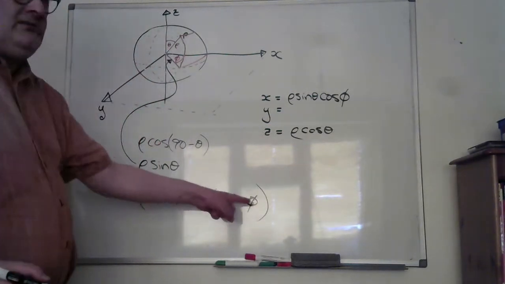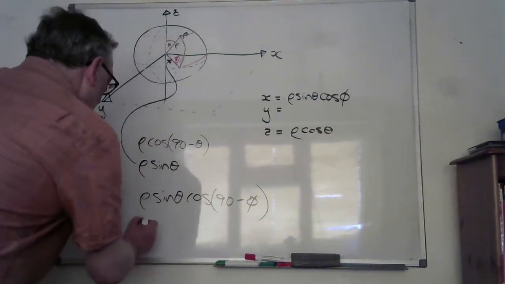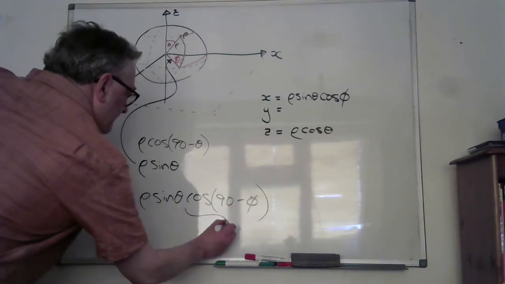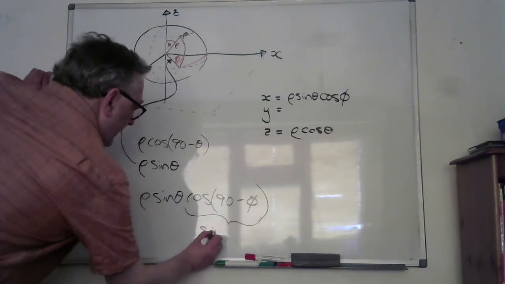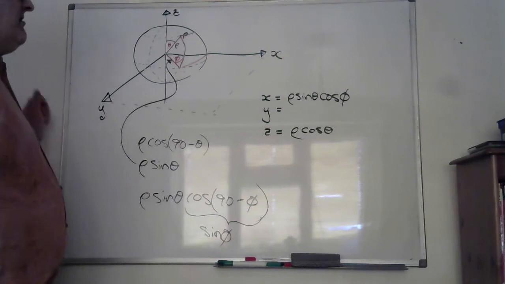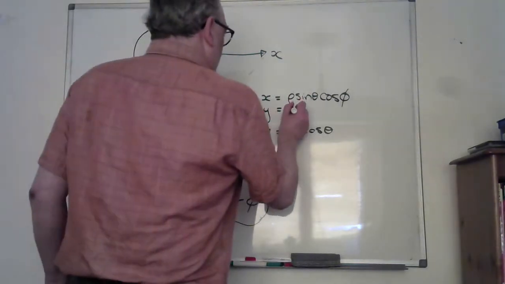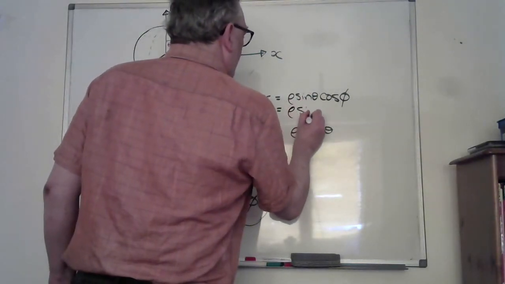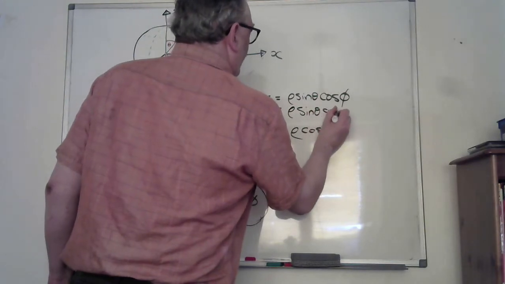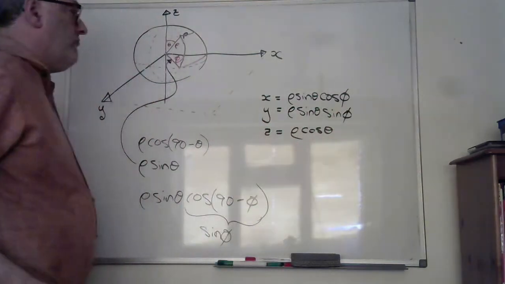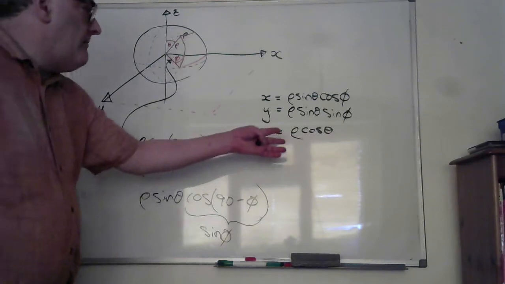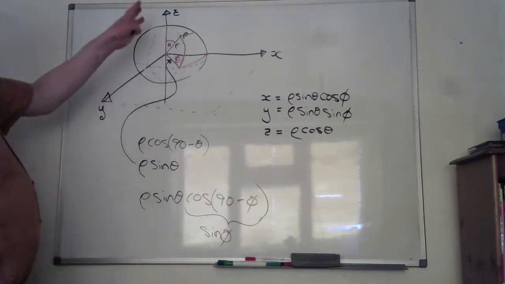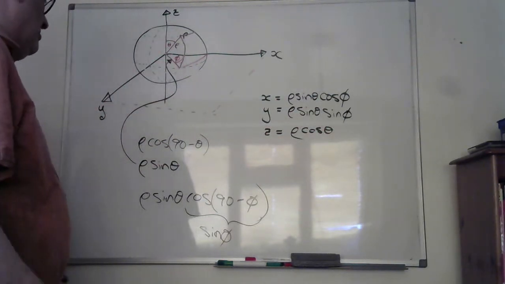But we don't want angles like that, so we can rewrite this part as sine phi. So what we've got is rho sine theta sine phi. Okay, we've got our polar coordinates here just by drawing a diagram and resolving them all.